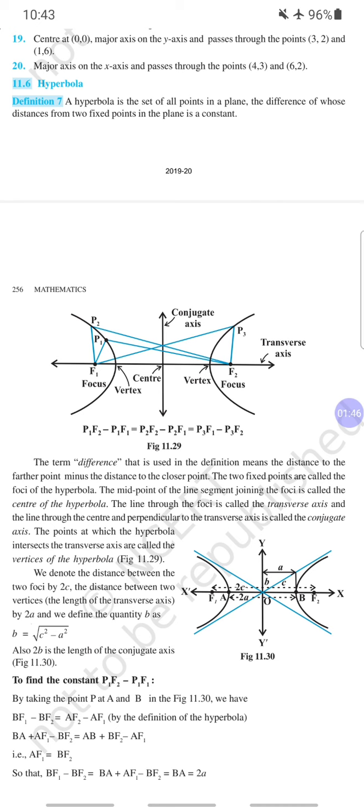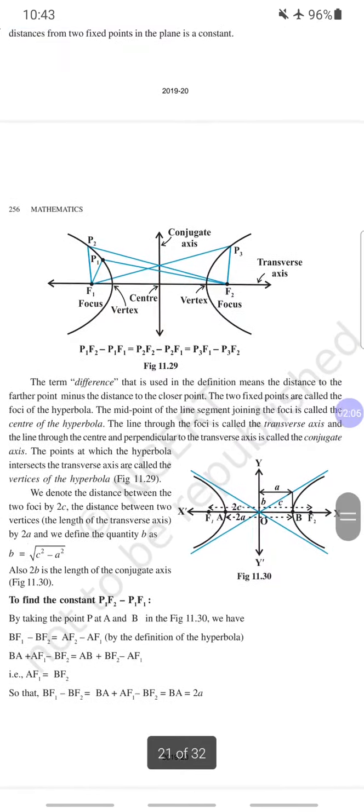Are we getting the point? That means P1F2 minus P1F1 is equal to P2F2 minus P2F1. Likewise, P3F1 minus P3F2 will also be equal. So this is the basic concept behind the hyperbola.